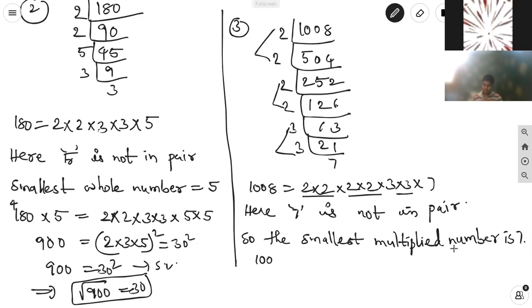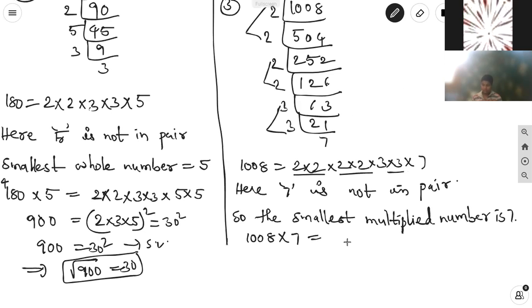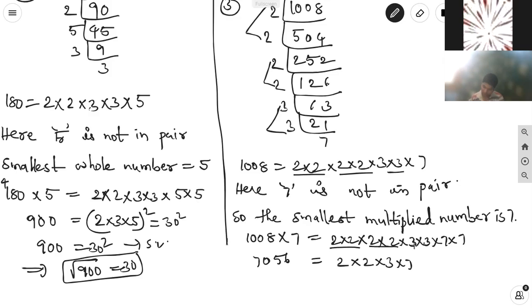Both sides multiply with 7. 1008 into 7 is equal to 2 into 2 into 2 into 2 into 3 into 3 into 7 into 7. 7 8s are 56, 0, 7 1s are 7, equals 2 into 2 into 3 into 7. Write one time and the whole square.